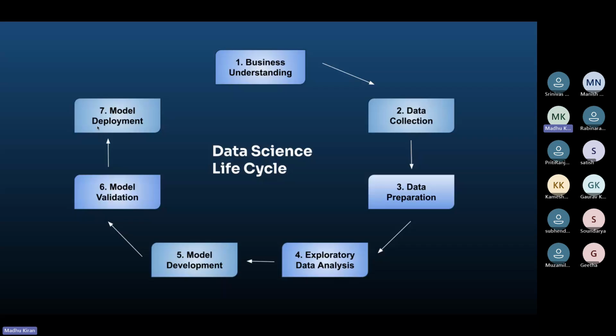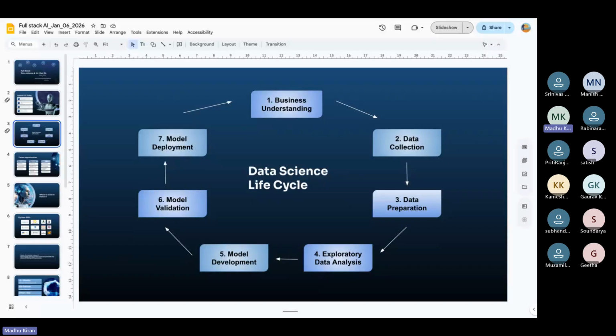Once you understand this cycle, it will be easier for us to understand how a data scientist works in the real world. And inside the same life cycle, the company might divide the work into four different job roles. Let me show you.